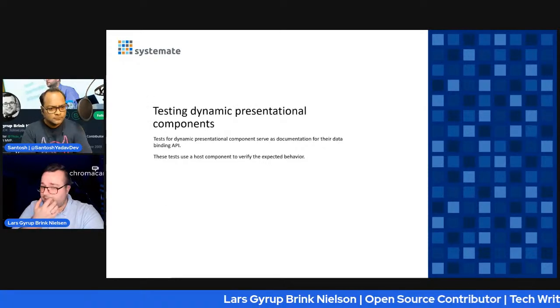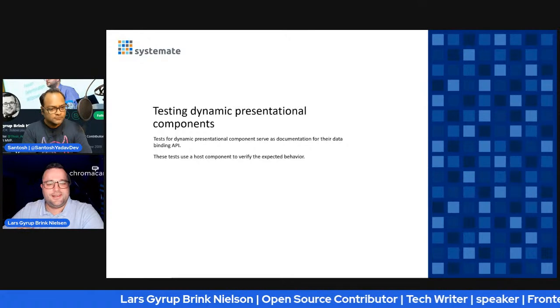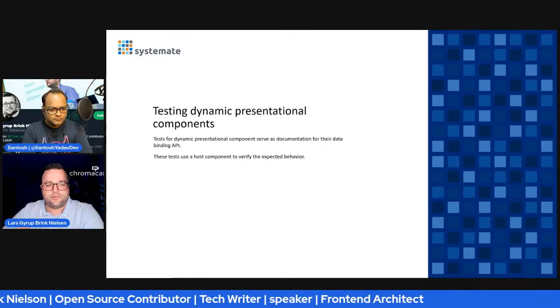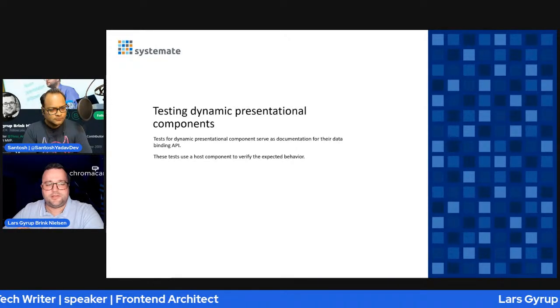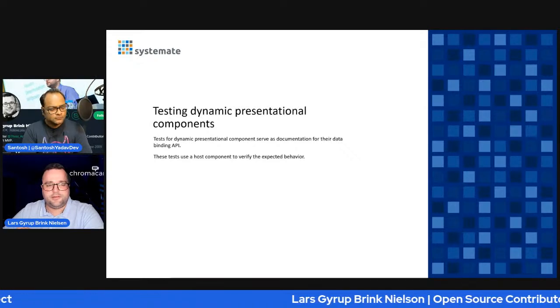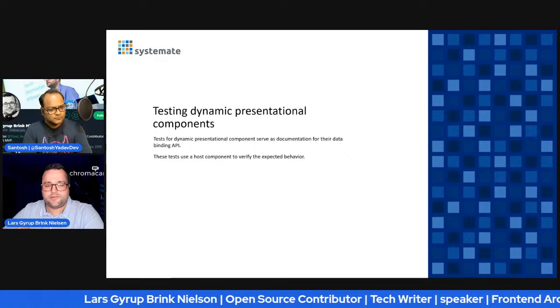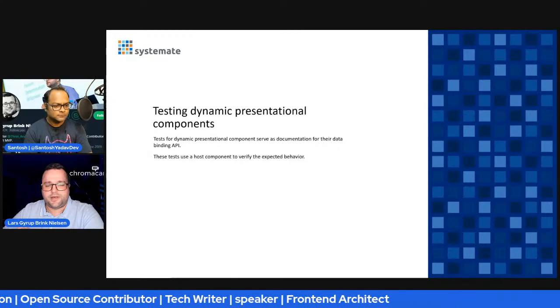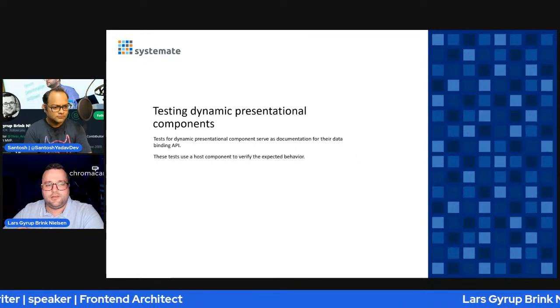And they can also be tested in a specific way. The tests for these presentation components are really good for documenting the data binding API, which is the interesting part of these components. So when you're doing that, you use a host component to verify the expected behavior. So when you call TestBed createComponent, you won't pass the name of the dynamic presentation component. You will have a component defined only for that test.